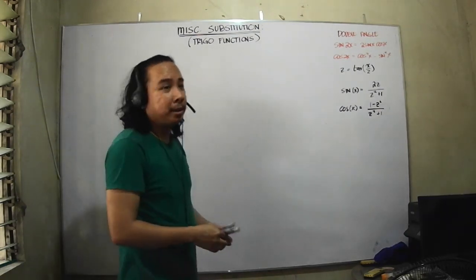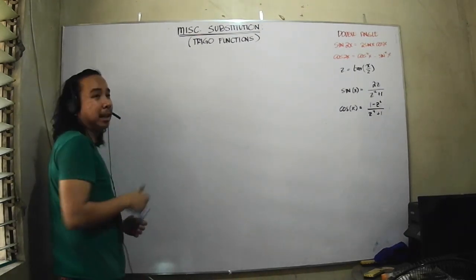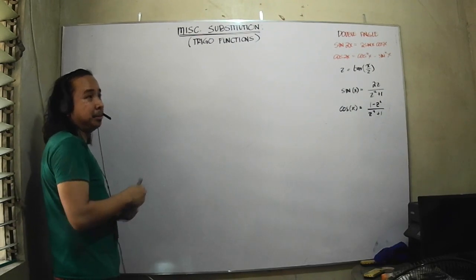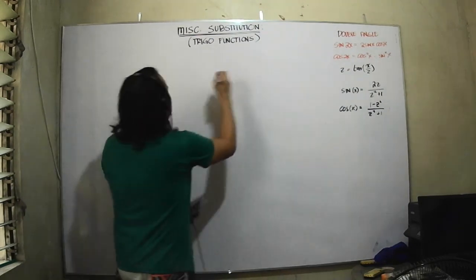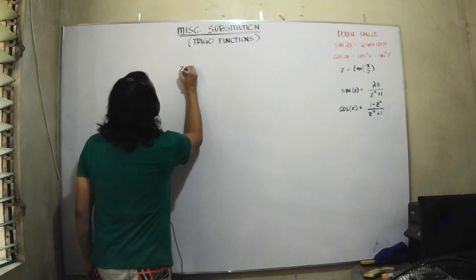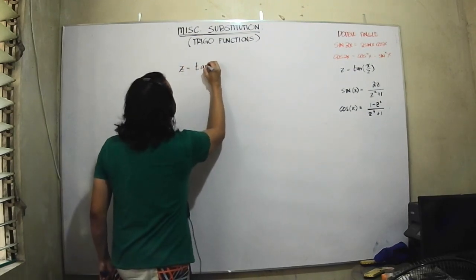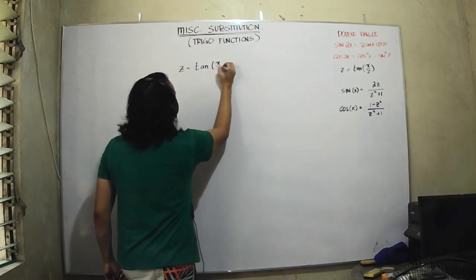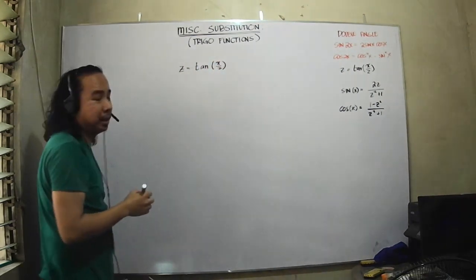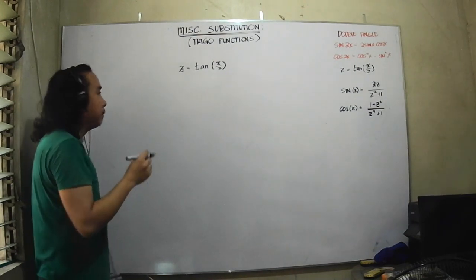We need to derive an expression of dx in terms of tangent x, in terms of z ultimately. Okay? So I would like to borrow the very first equation, z is equal to tangent x over 2. We start everything from this.